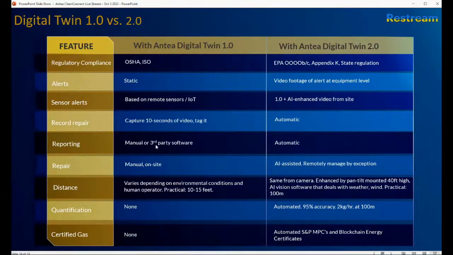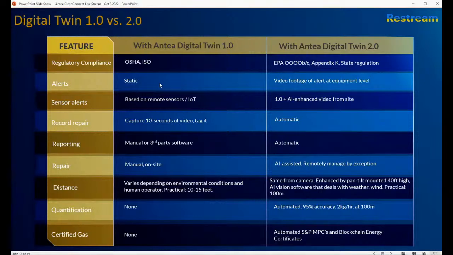And, as the rest of this chart shows, static alerts. I'm not sure how alerts come in your system. So we have what we call IOWs, integrity operating windows. Once you've established what that upper and lower threshold is, we manage that threshold through the digital twin with the data historian or SCADA or DCS data that talks about the specific pressures, temperatures, flow rates, everything within an integrity operating window.